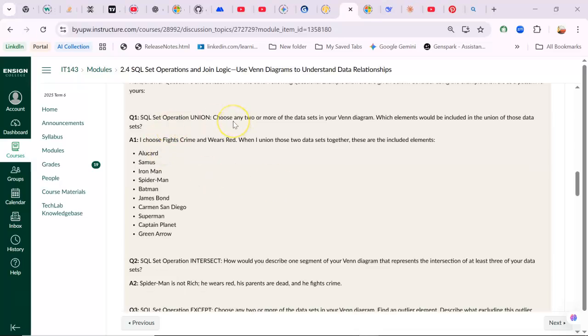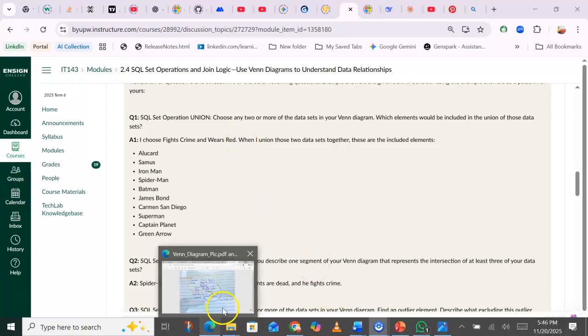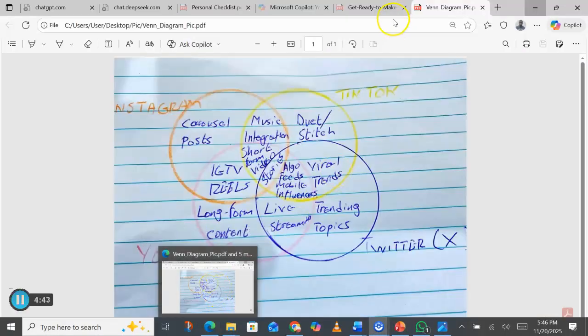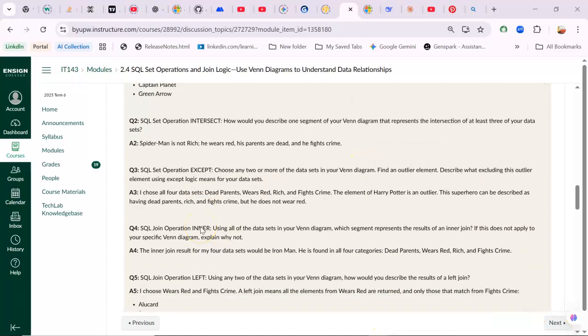Question one, union, combining. I'm combining Instagram and TikTok. They give all their features, like posts, reels, and duets. That is for question 2.